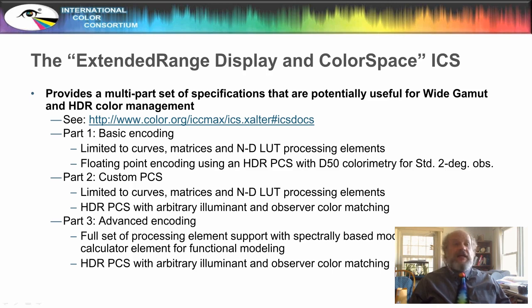This limits the transforms to curves, matrices, and nD lookup processing elements with a floating point encoding using an HDR PCS with D50 colorimetry for the standard 2-degree observer. This guarantees the ability to get into an HDR PCS without a large overhead over what can be done with legacy version 4 profiles.